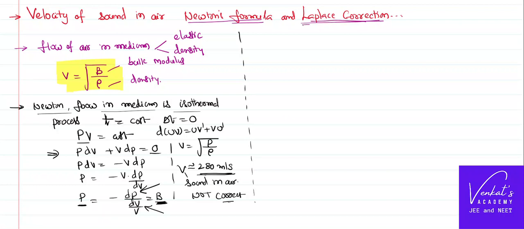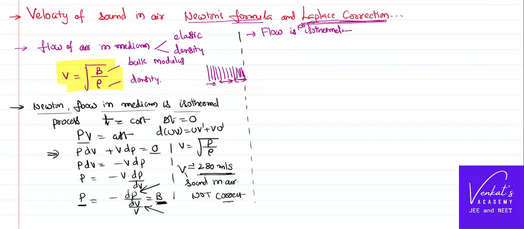That's called Laplace correction. So what Laplace said is, the flow of the air, velocity of the sound, is not going to happen in an isothermal way. Though the given heat is constant, the compressions and rarefactions happen in the air in a very quick way, such that the temperature cannot remain constant.